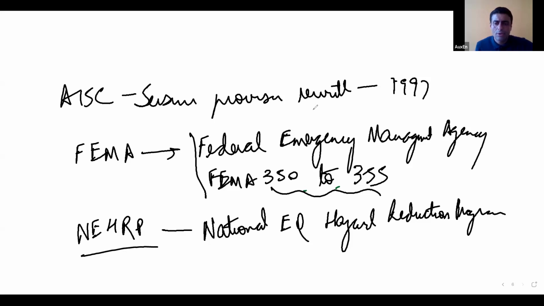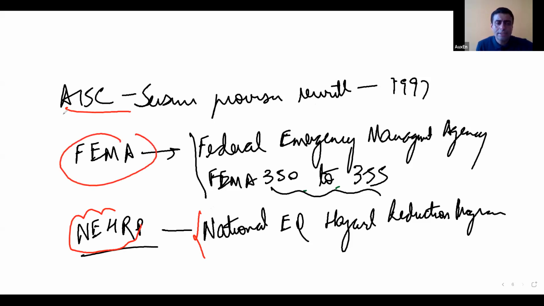Again, I will request all of you that you must go through these documents. They are made with an intention of helping the practicing engineers and working professionals. So NEHRP also did a lot of work. AISC did a lot of work. FEMA did a lot of work.